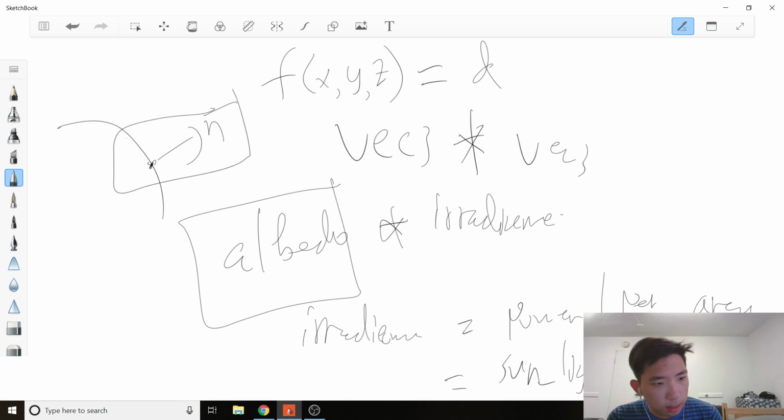So since it's the distance, if a point goes directly out of the point on the surface, the value of this function increases the most when it moves along the normal of the surface, because it's pointing the most outward in a sense.